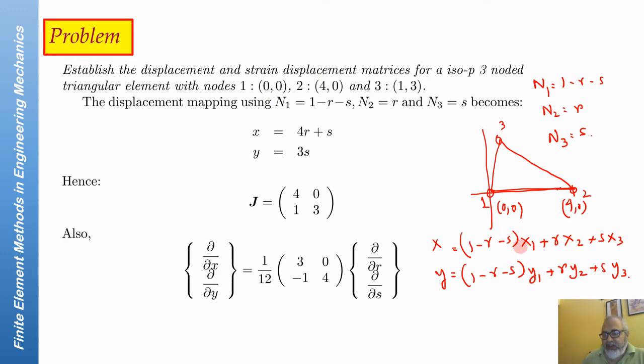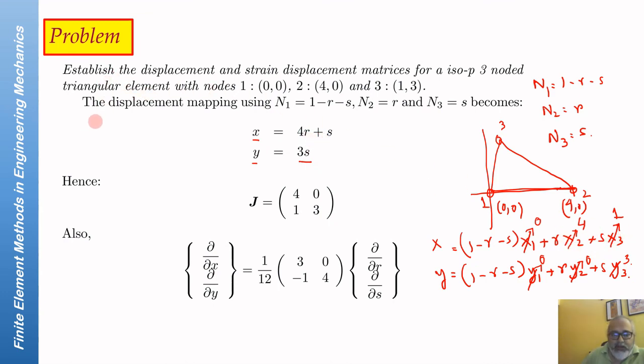And x1 is 0 for this element, y1 is 0, x2 is 4, y2 is 0, and x3 is 1 and y3 is 3. So y would be 3S and x would be 4R plus S.